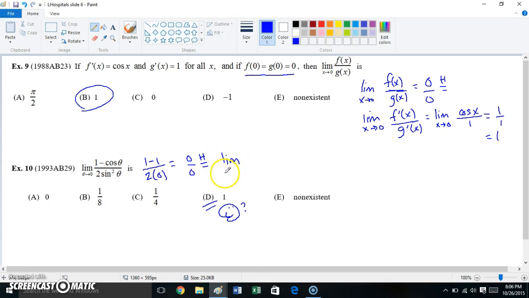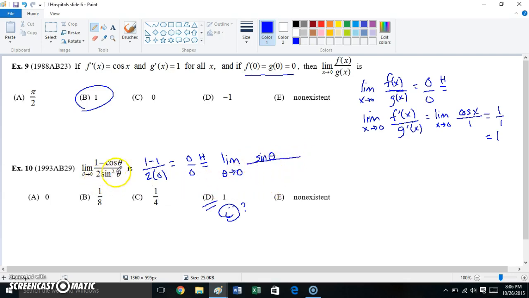Okay, so the limit as theta approaches 0, the derivative of 1 is 0. The derivative of negative cosine of theta is sine of theta.